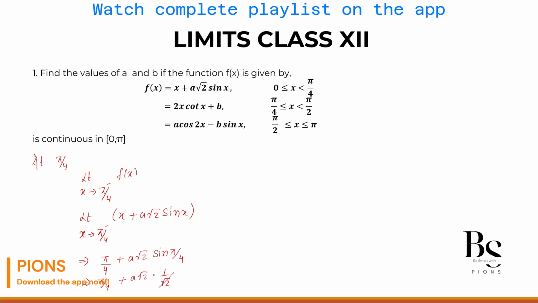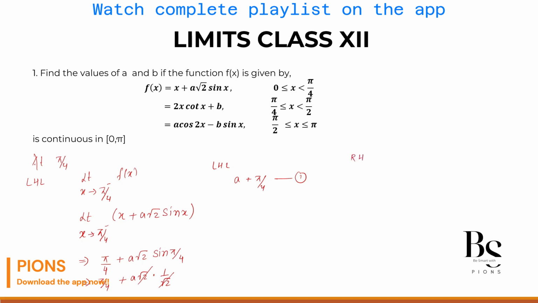Let's cancel this with this. So left hand limit, I am writing here LHL. This is our left hand limit. So what did we get? We got LHL as a plus pi by 4. Equation number 1.